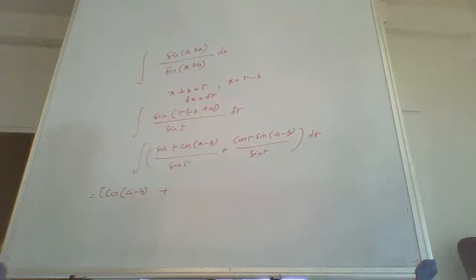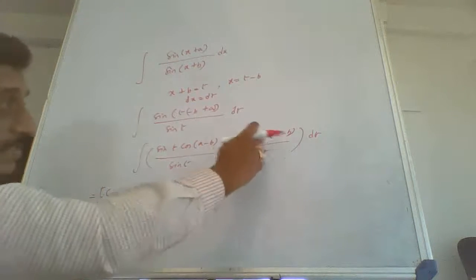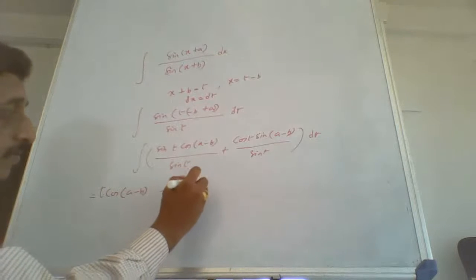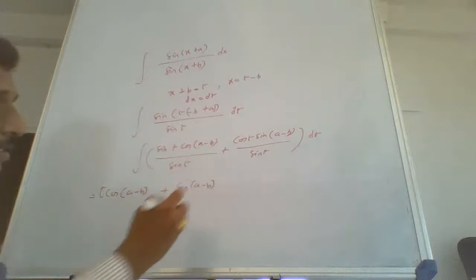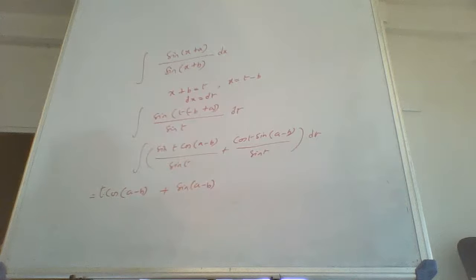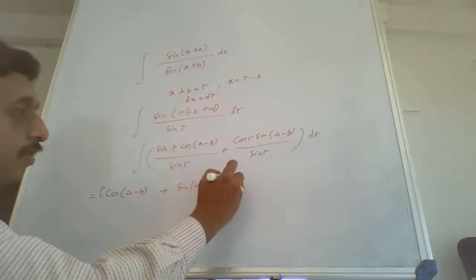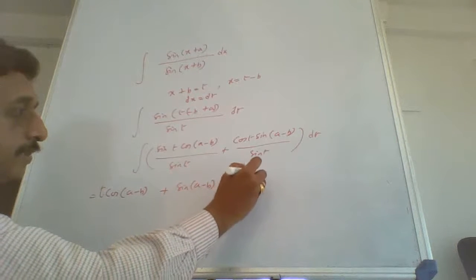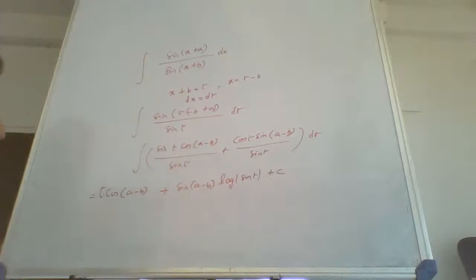Now cos t by sin t is cot t, and this term sine of a minus b is constant. Integration of cot t will be log of sin t.